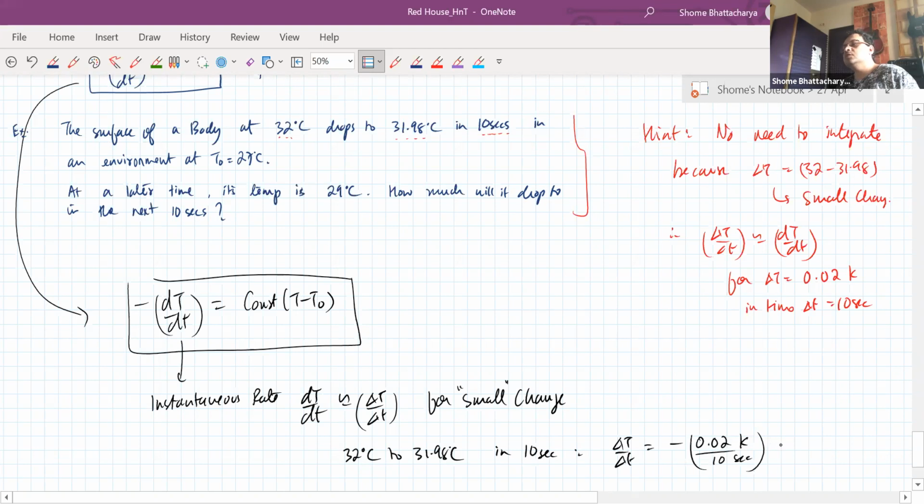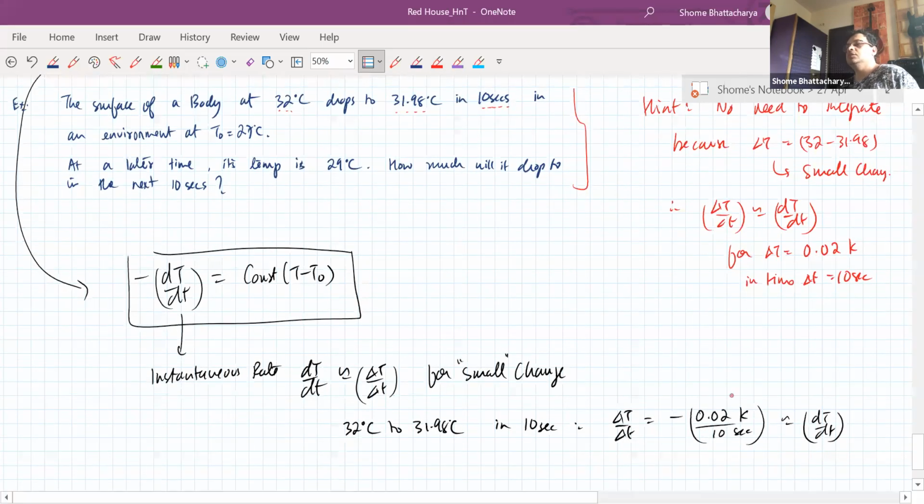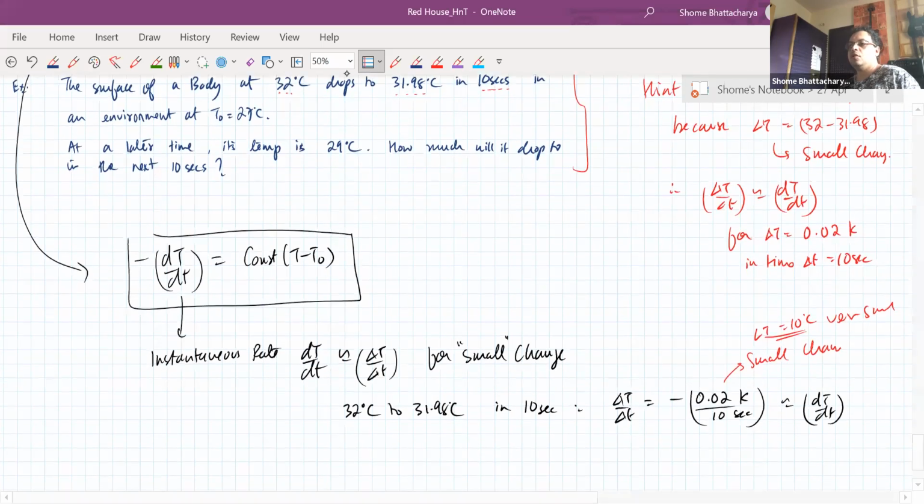So that we will approximate as this, because this is a small change. That delta T of 10 degrees C is very small.